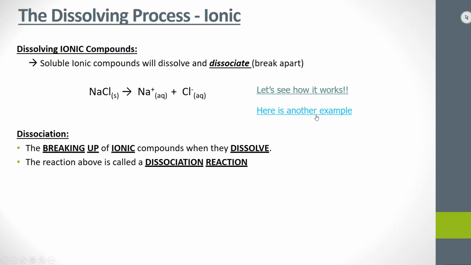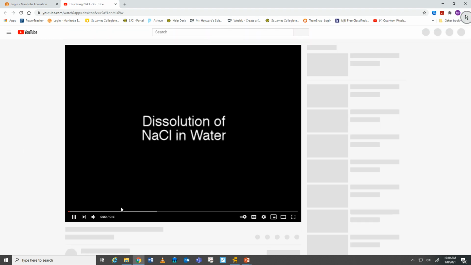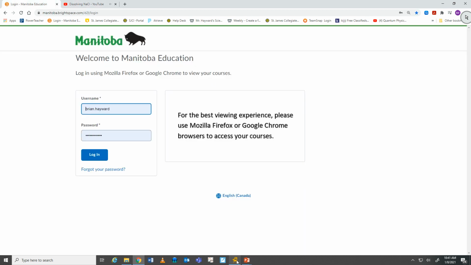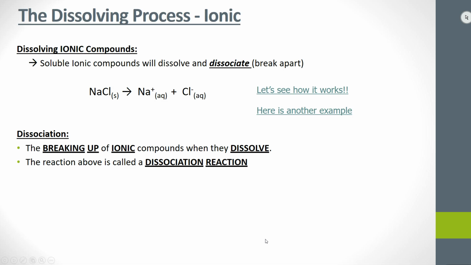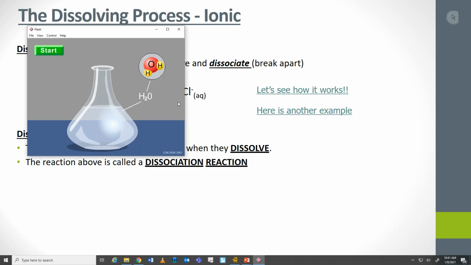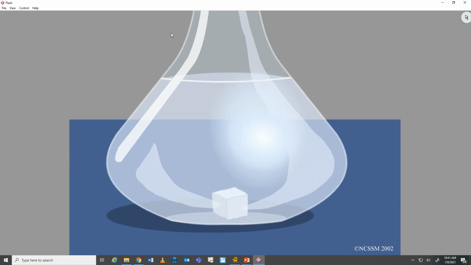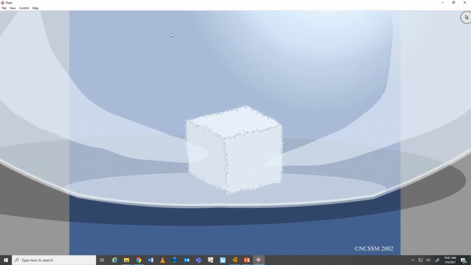I have another animation I'll show. This one should work. When an ionic substance, oh, I can't play this because it's a YouTube video. My apologies. The key here is, I'll play this one more time, just to make sure. The key that you need to understand here is that the ions are actually being ripped apart. And those ions can carry charges, and the movement of charges is electricity.